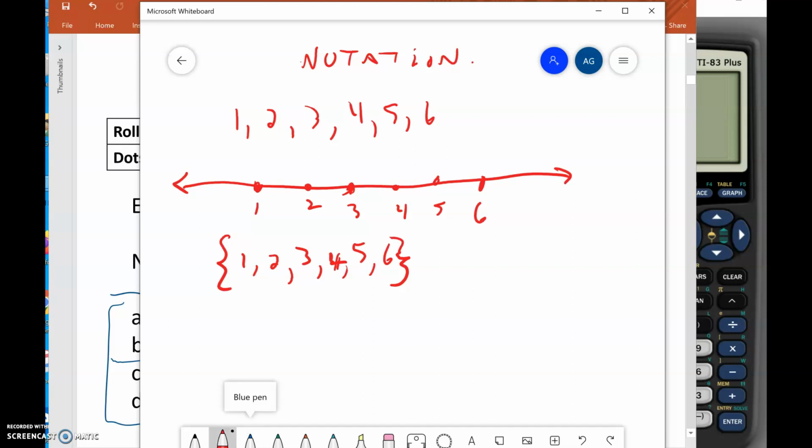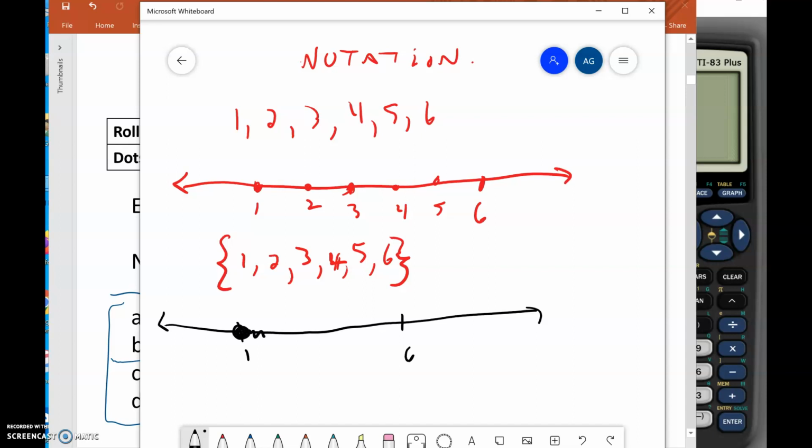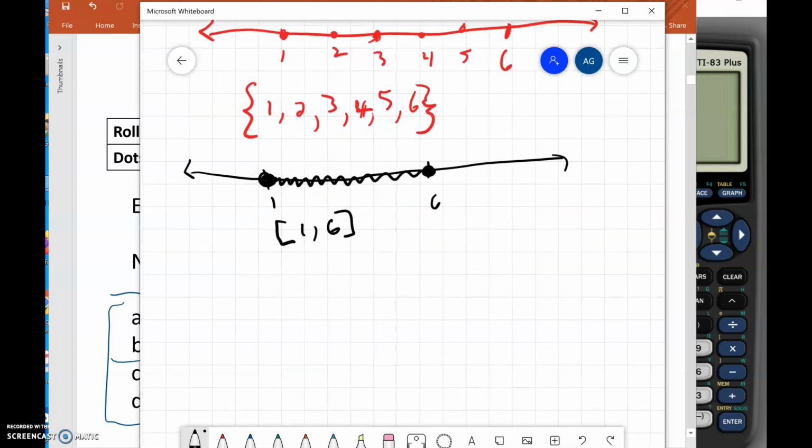Now, just for contrast, if you wanted to write down the set 1 to 6, and you wanted to put everything in between there, so like 1.5, 2.3, everything, then that would be written as follows. Square brackets 1 through 6. Okay, so square brackets include the endpoints, and they also get everything in between these two numbers. And let me give you one more example. Here's a third one.